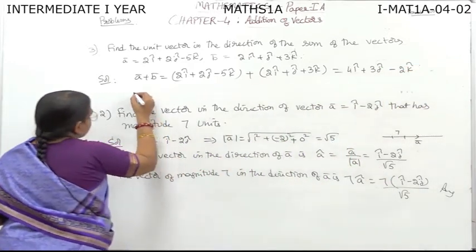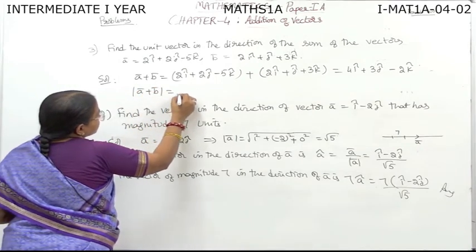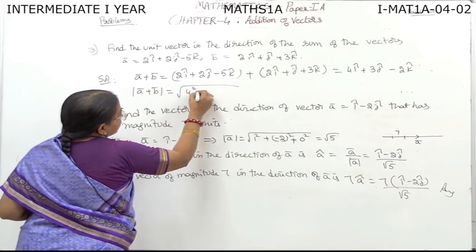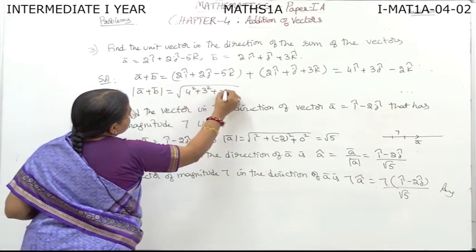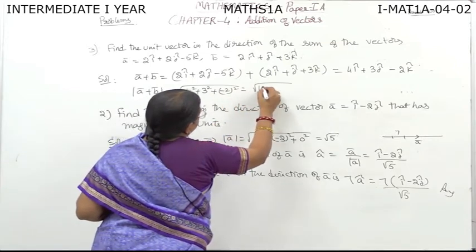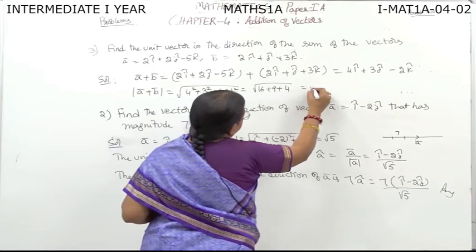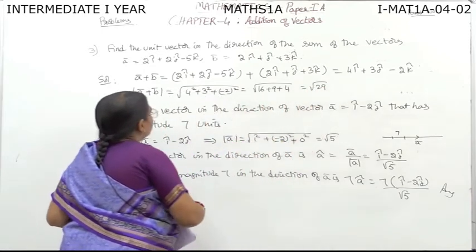Next, find its modulus. Mod of A plus B is root of 4 square plus 3 square plus minus 2 whole square. That is 16 plus 9 plus 4. That is 29.